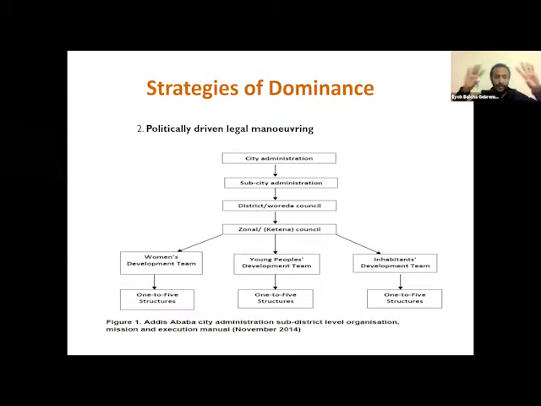You have the city administration, the sub-city, and the district, which are the formal channels of governance, but you also have the zonal council, and the women's development team, young people's development team, and inhabitants development team, which go further down to the doorsteps of the inhabitants with one-to-five structures. Such pervasiveness of the state in each and every life of the people has contributed as a channel of control, but also as part of mobilizing people into local government processes. Next slide.